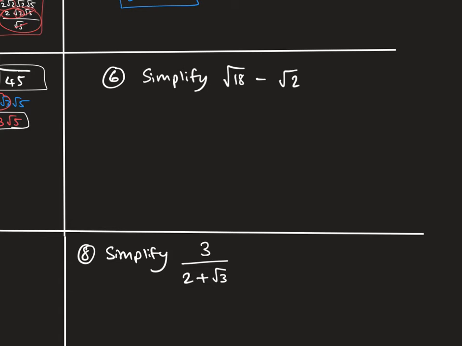Now, with this question, it's exactly the same. We can't minus root 18 and root 2, so we can't take away the root 2 from the root 18 because they're not the same root. However, if we break them down, let's have a look at 18 can be broken down into 2 times 9, which is 3 times 3. And then, of course, you'll see that root 18 can be written as root 2 times root 3 times root 3. Notice how I write them in ascending order of size.